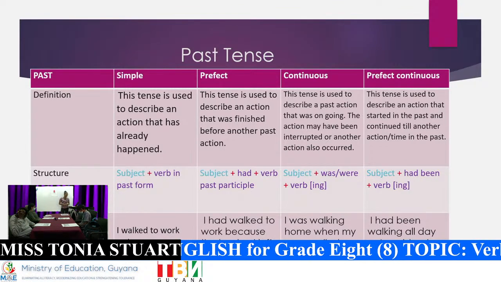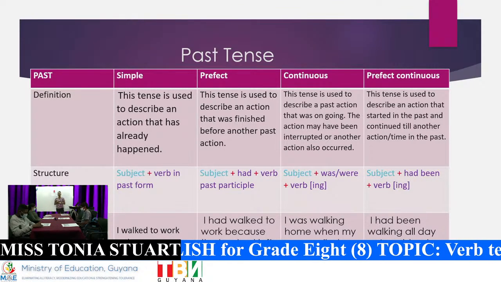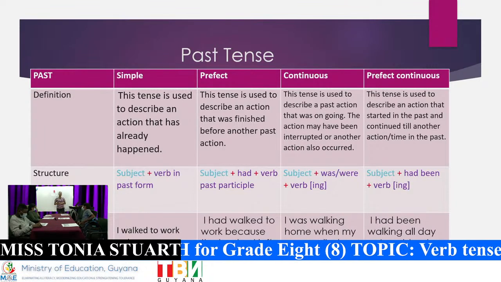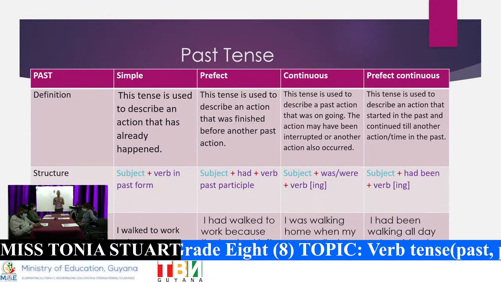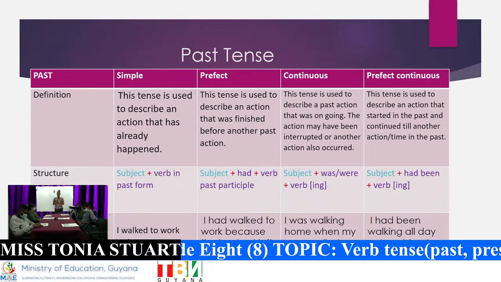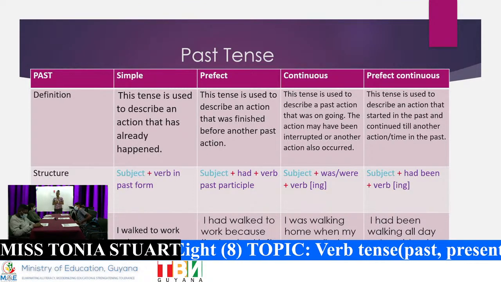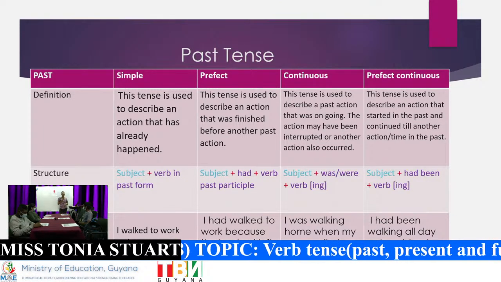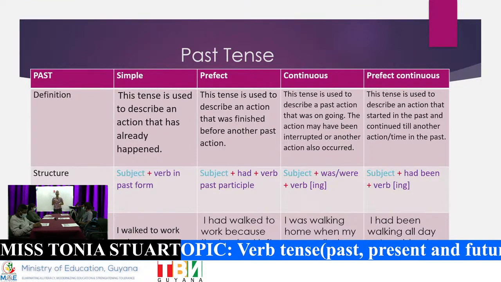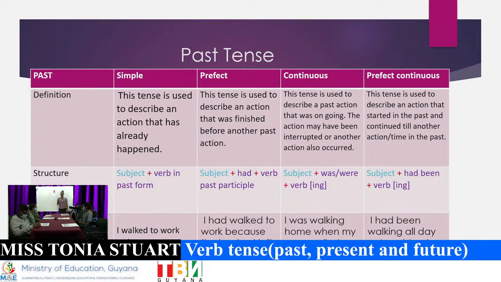So when we look at the structure of the simple past tense, it is the subject plus the verb in the past form. Let's look at the example. I walked to work today.